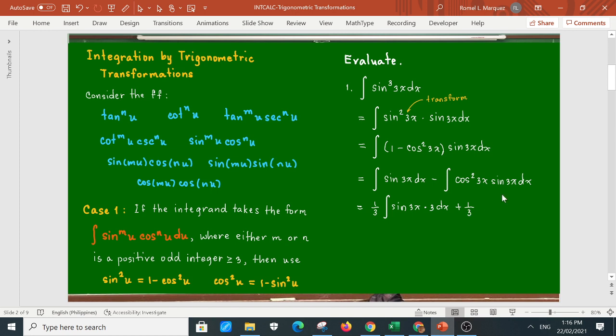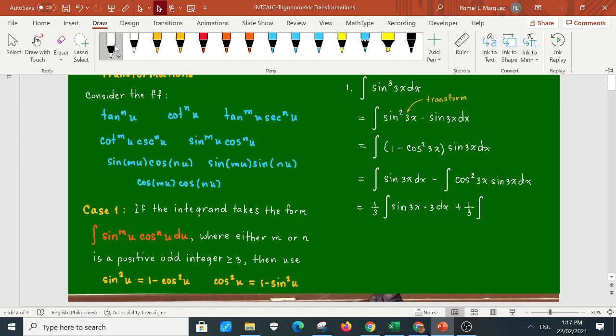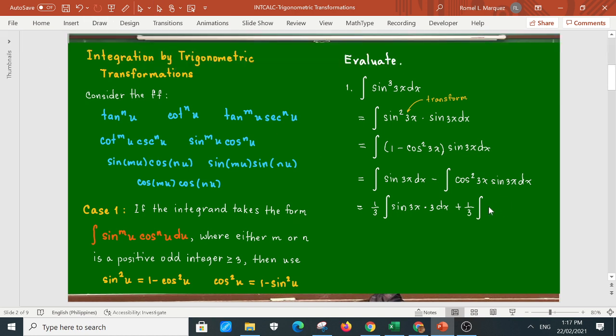I'm going to put -3 balanced outside by -1/3. So we now have the integral of cosine squared 3x, then times negative 3 sine 3x dx.